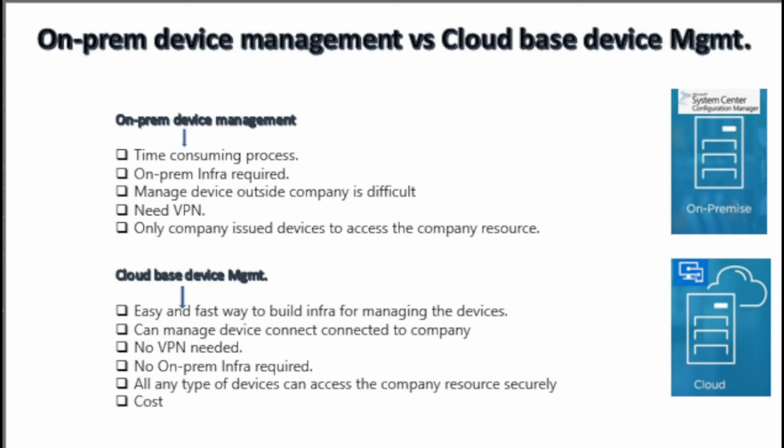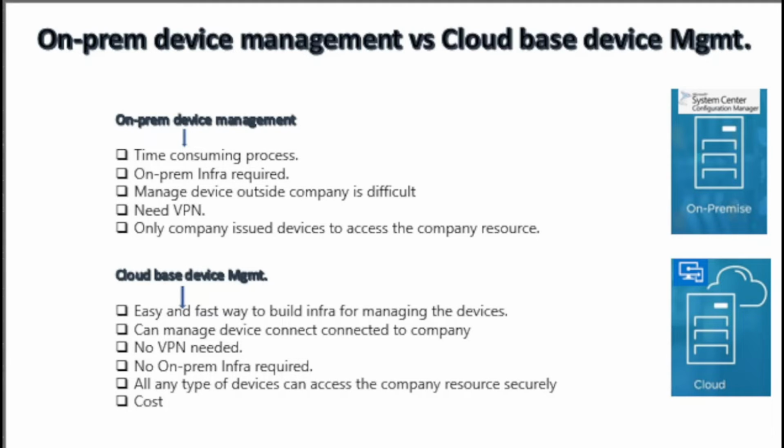Now we know what is device management, but we should keep in mind that user can use devices within company network as well as outside the company network. So as an admin, we should know what kind of device we are going to manage and accordingly plan to implement device management tool. In market, we have two types of device management tool available.